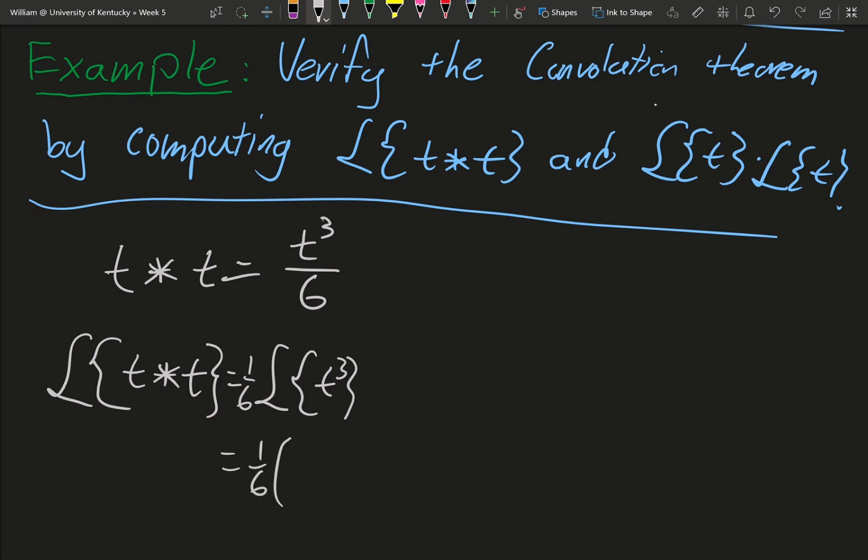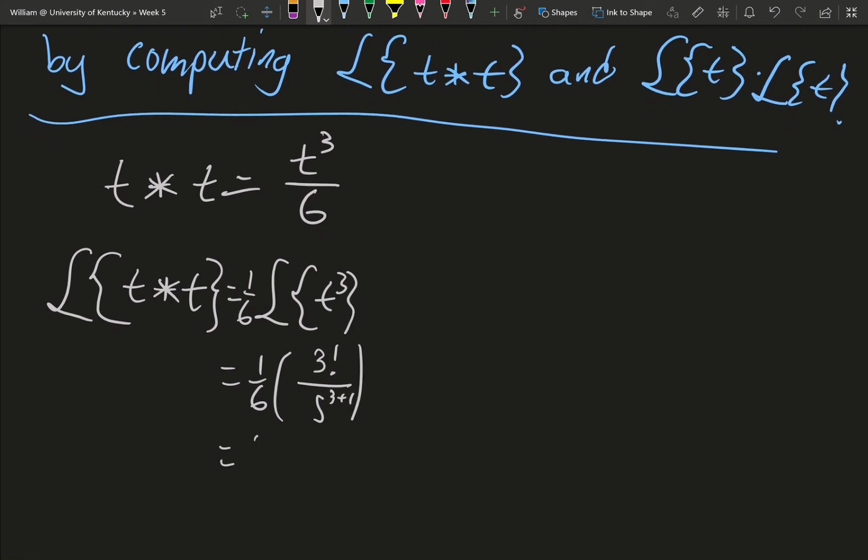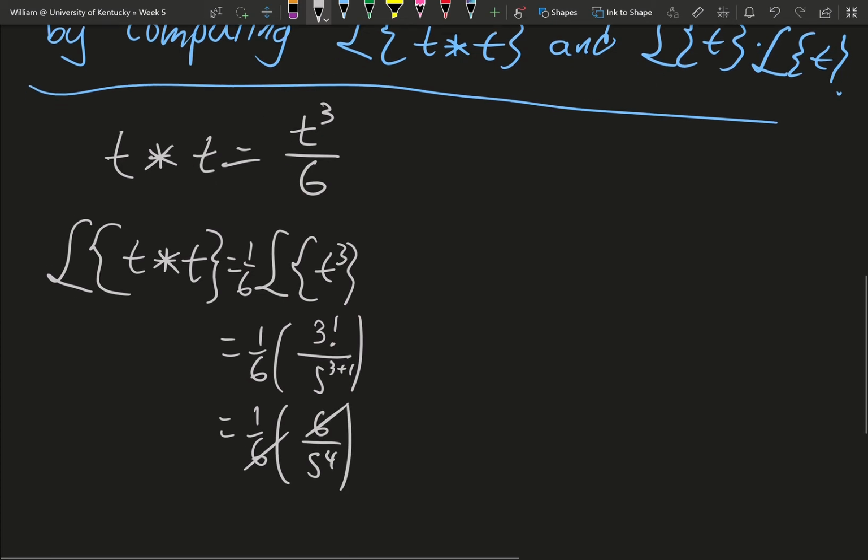And remember our power rule, it's the exponent factorial, so in this case 3 factorial, divided by s to the exponent plus 1, so 3 plus 1. The 6's cancel, and we're left with 1 over s to the 4th.